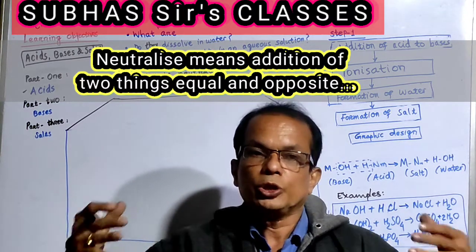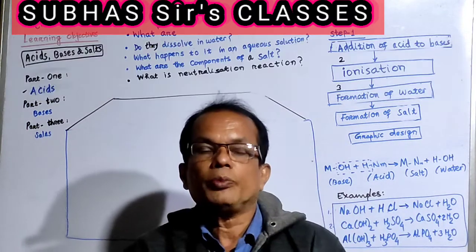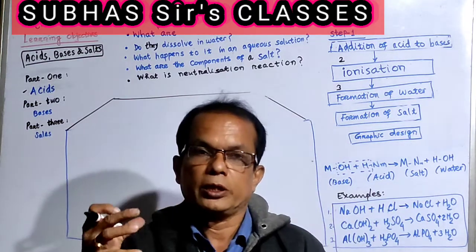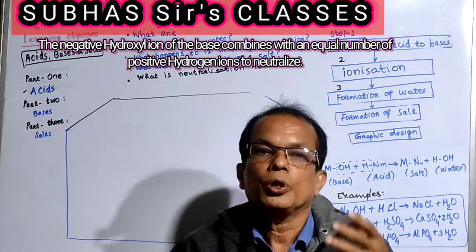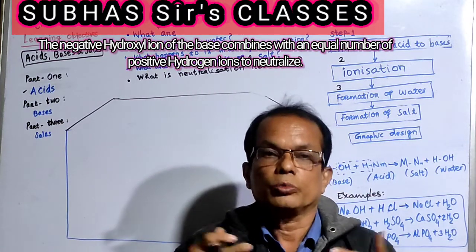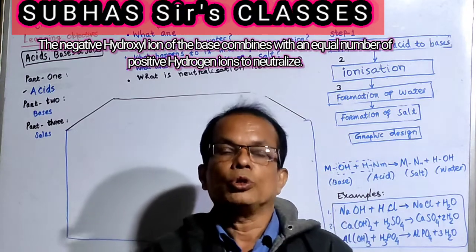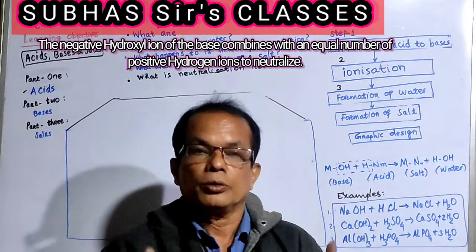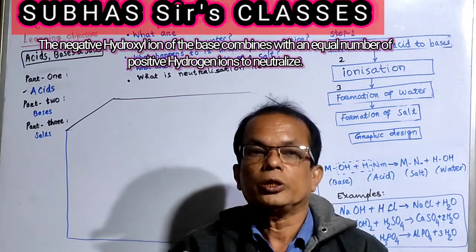So whenever these two things are added, the positive ions from the acids and the negative ions from the bases combine. As you know, the H+ ion combining with OH- ion forms H2O molecule or water, which is a neutral one with pH 7. Our neutralization process is determined.